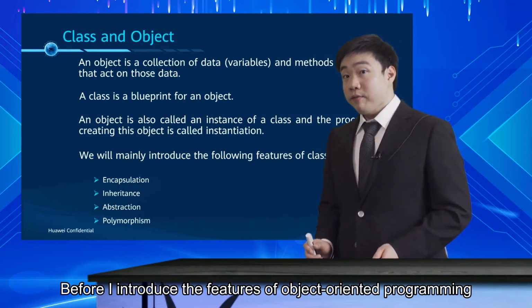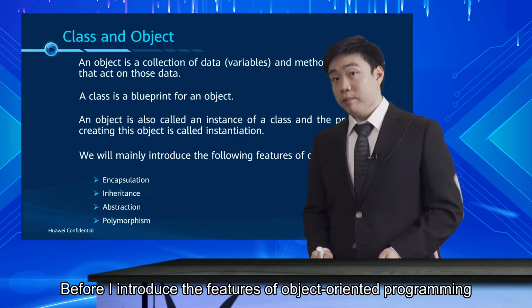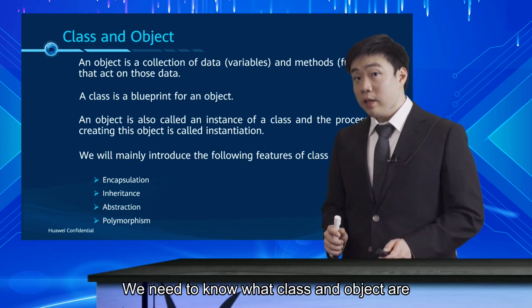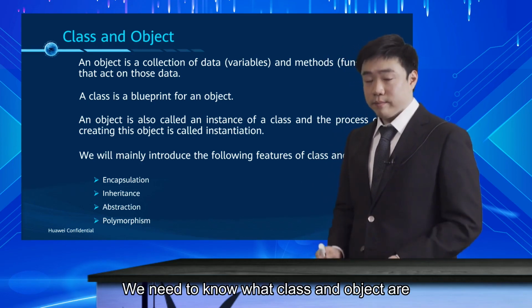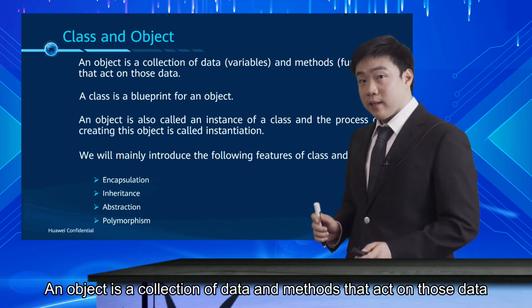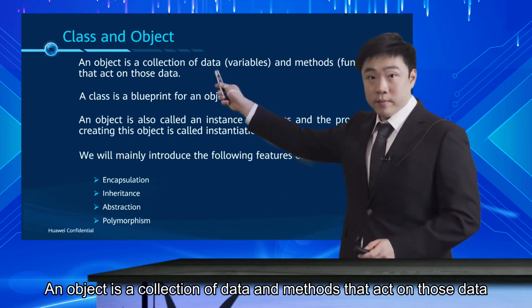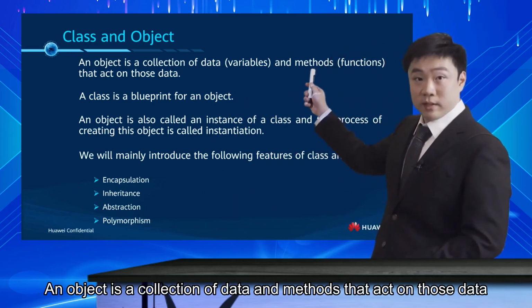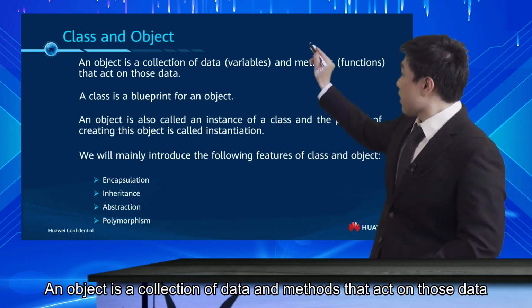Before I introduce the features of object-oriented programming, we need to know what class and object are. An object is a collection of data and methods that act on those data.